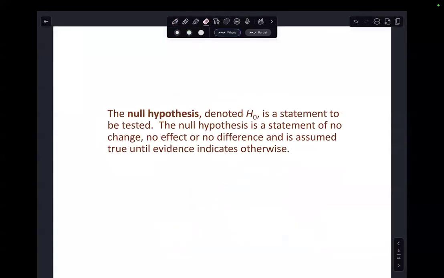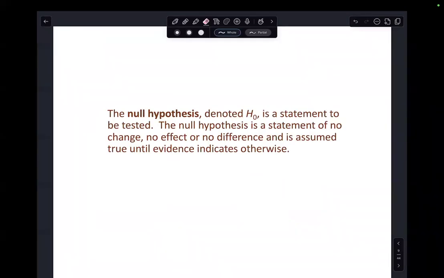Okay. Anytime anything has this little subscript 0, it's called not or null. So the null hypothesis is our statement to be tested. It's the original statement. The null hypothesis is like the past studies that we have.